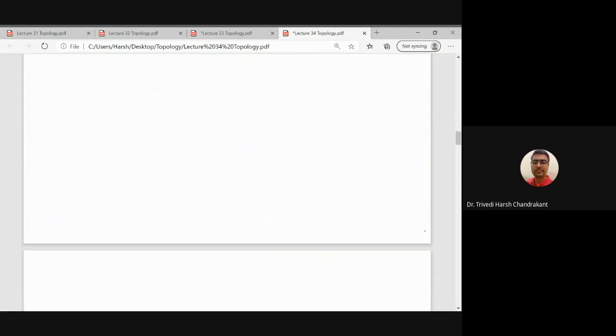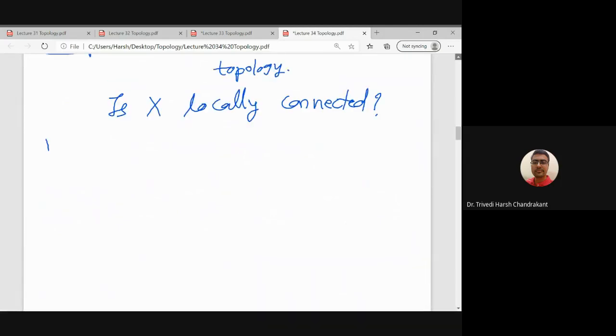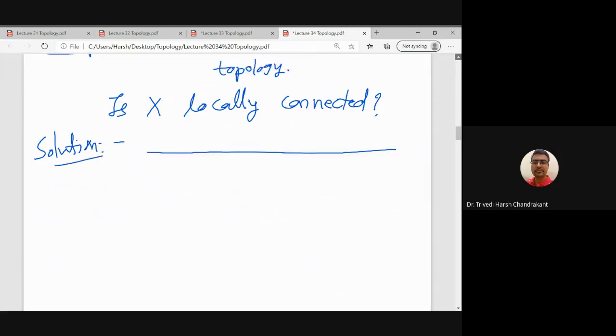Let us give some simple idea. So what we will do? I will take any point on the real line, let us say x. Now suppose I have some open set. Neighborhood means it is an open set which contains x. I can take a union of two intervals also.